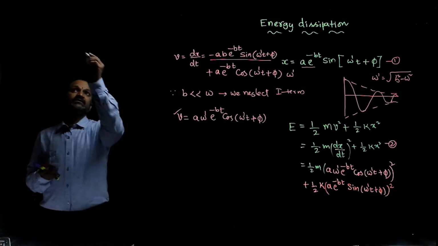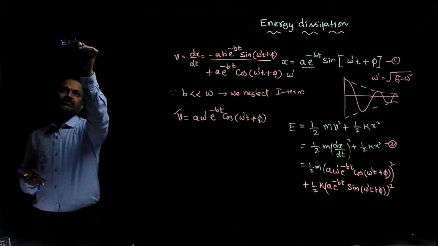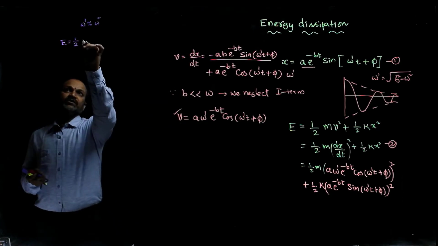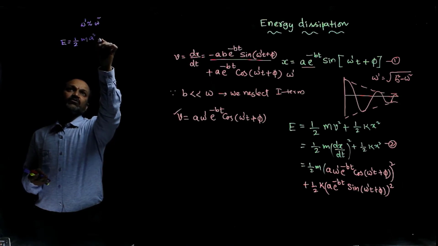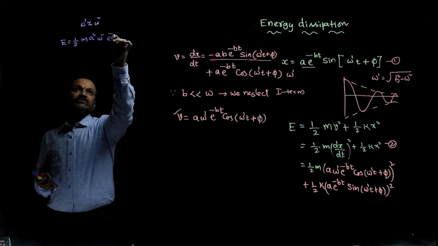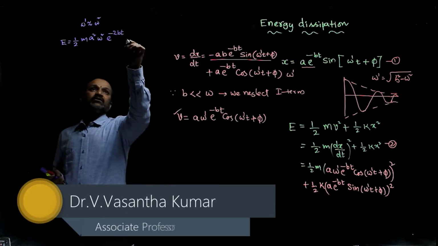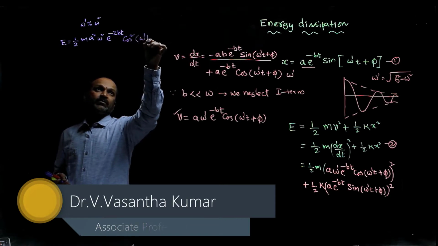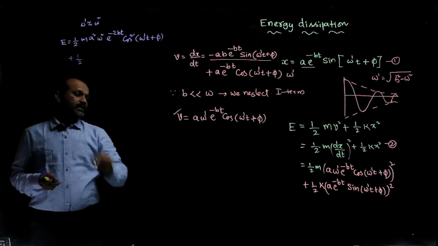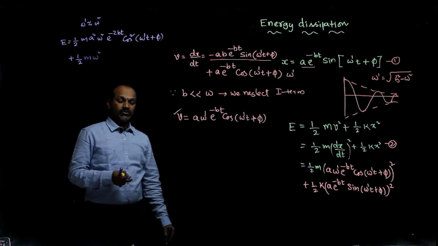Now energy E will be equal to half m a square omega dash square, approximately taken as omega square, e power minus bt whole square, which is e power minus 2bt, cos square of omega t plus phi, plus half k, which we can write as m omega square. Just check out the previous videos on simple harmonic motion.